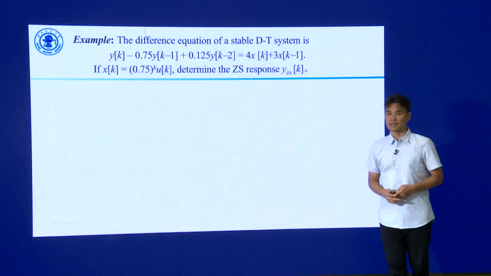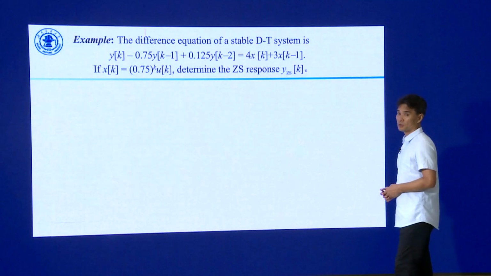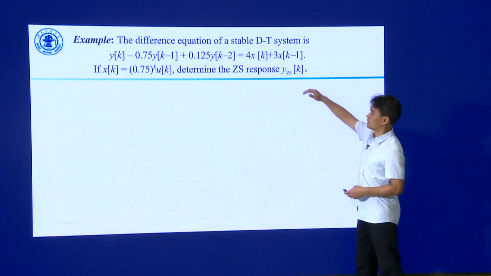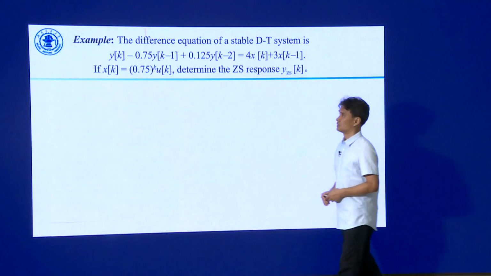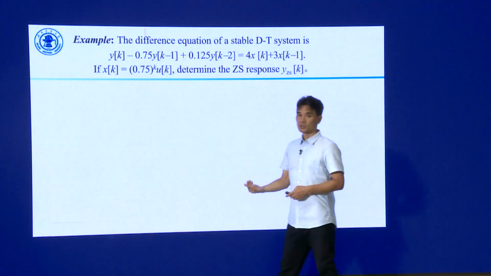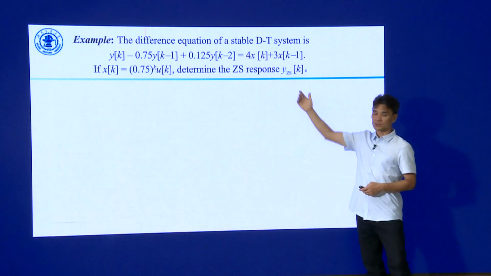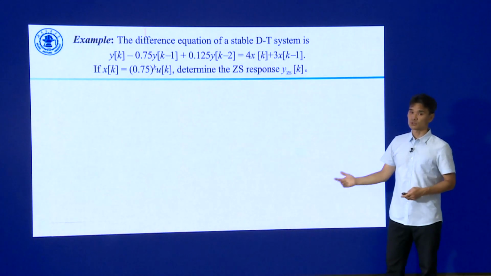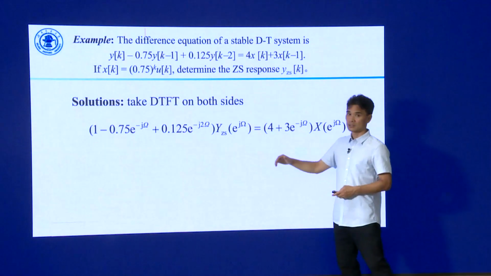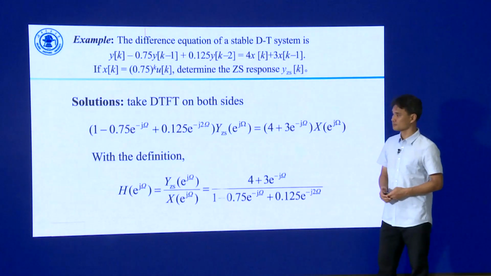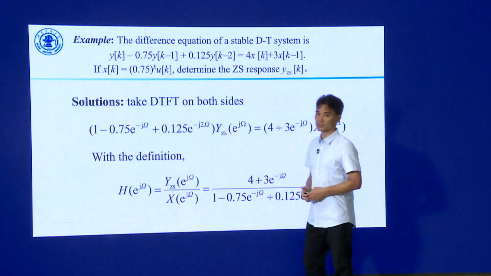Here is one example. The difference equation for a stable discrete time LTI system is given here. And if the input signal is given as a unilateral exponential signal, what is the system's zero-state response? It's quite straightforward. What we need to do is figure out the system's frequency response and then get the spectrum of the input.